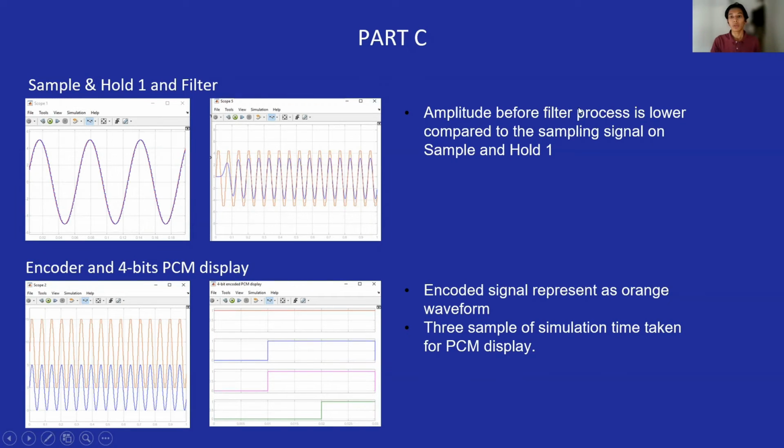So the amplitude before the filter process is lower compared to the sampling signal on sample and hold. While for the encoder and 4 bits PCM display, we get that the encoded signal is represented as the orange waveform, while on the right figure, we choose 3 samples of simulation time taken for the PCM display.